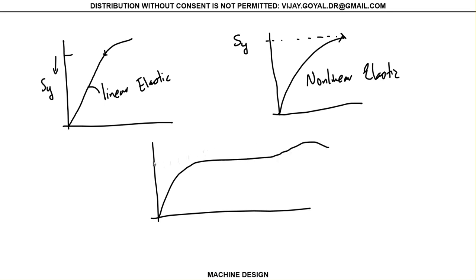So in their curve, this is a point over here. This is sigma yield. So anything beyond this point will become plastic. So what you're basically saying is that once you apply your load and it goes beyond this point, there's going to be a permanent deformation in your structure.